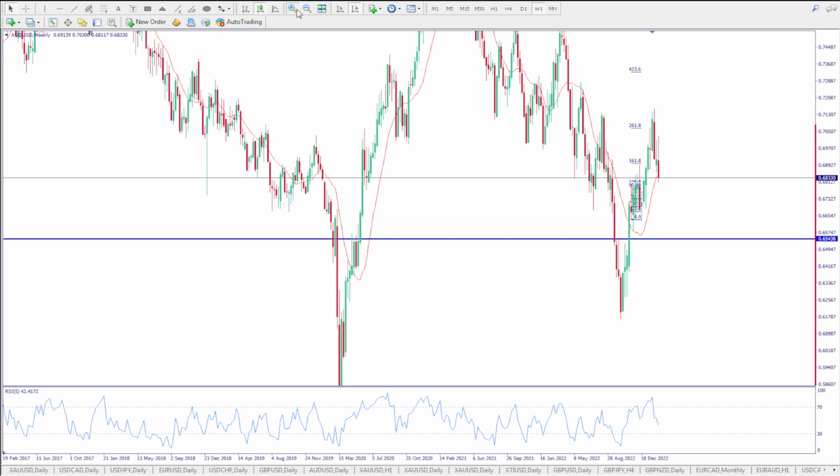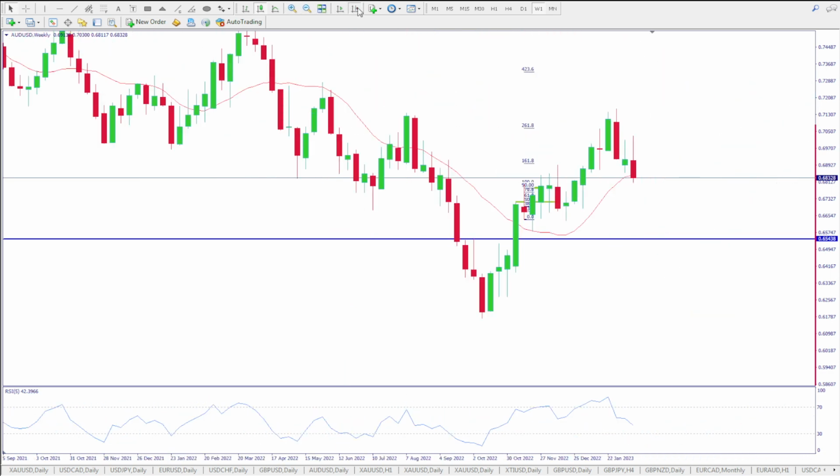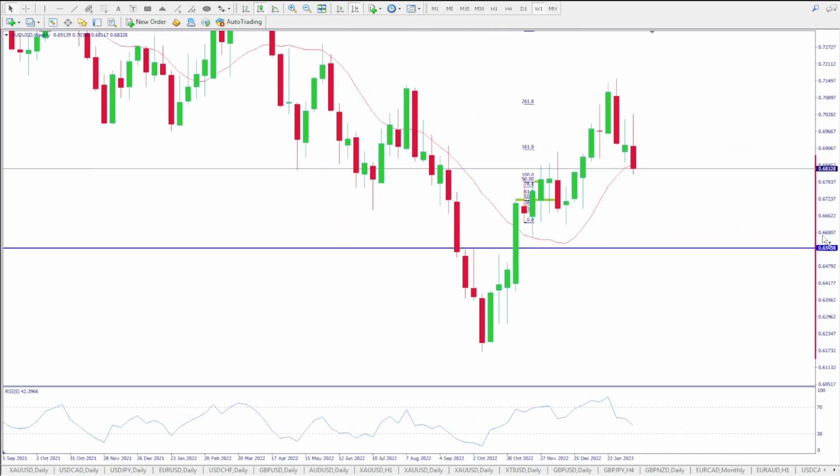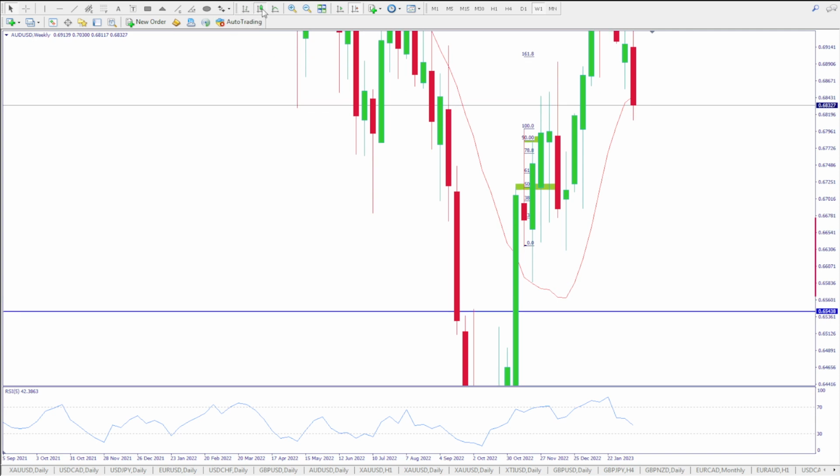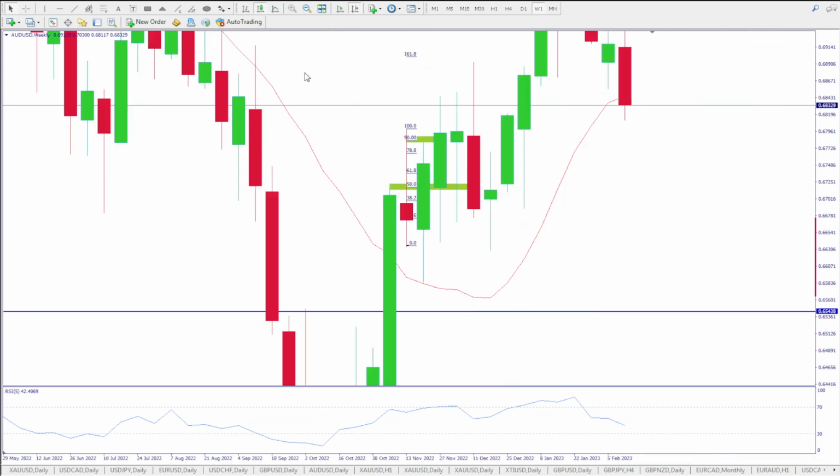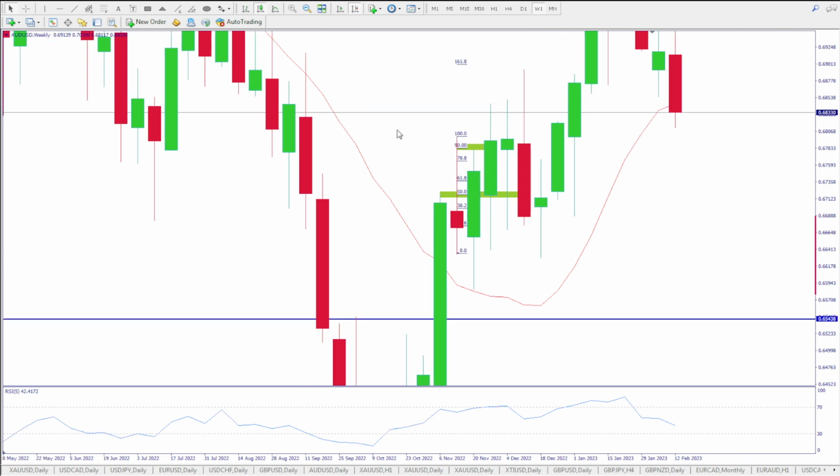I have to find it on the weekly first. Okay, this was the story, right? On the weekly chart, it was the highest point. From here, the market reversed this week.